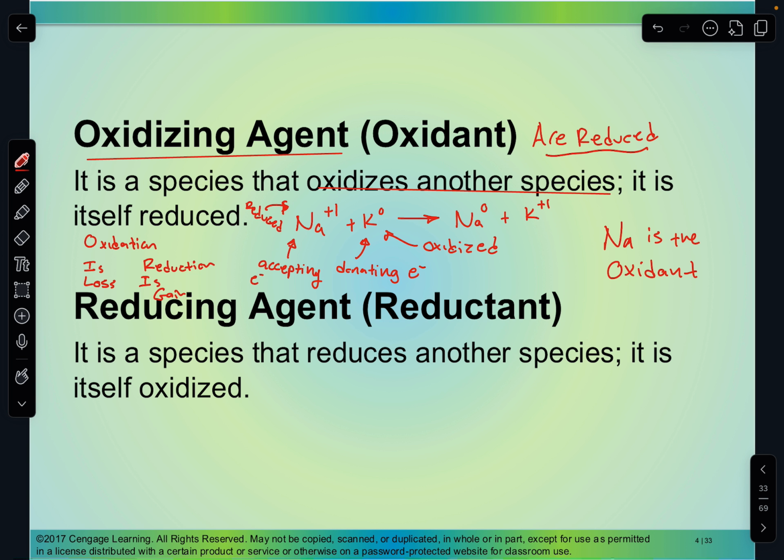So potassium was oxidized, which means that K is the reducing agent, the reductant. So it's confusing, but things that are reduced are oxidizing agents. Things that are oxidized are reducing agents.